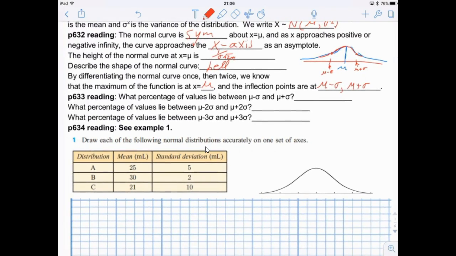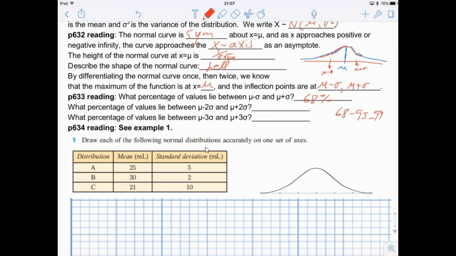Page 633 reading. What percentage of values lie between mu minus sigma and mu plus sigma? The answer is 68%. We're going to see later something called the 68-95-99 rule. It says that between the first two sigmas you've got 68%, which is quite a bit of your data points.